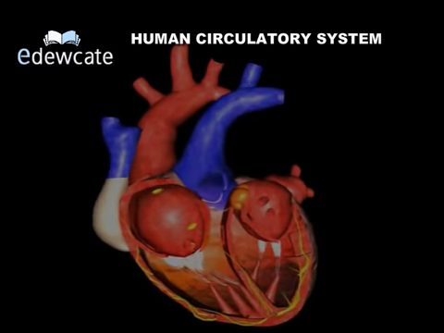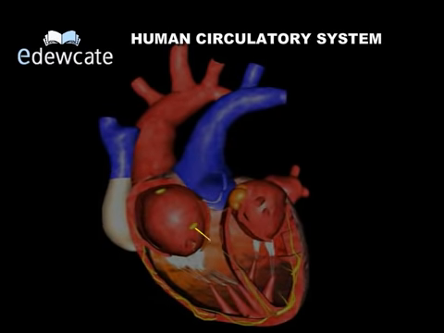A bundle of nodal fibers, the atrioventricular bundle, continues from the atrioventricular node, passes through the atrioventricular septa, emerges on the top of the interventricular septum, and immediately divides into a right and left bundle.